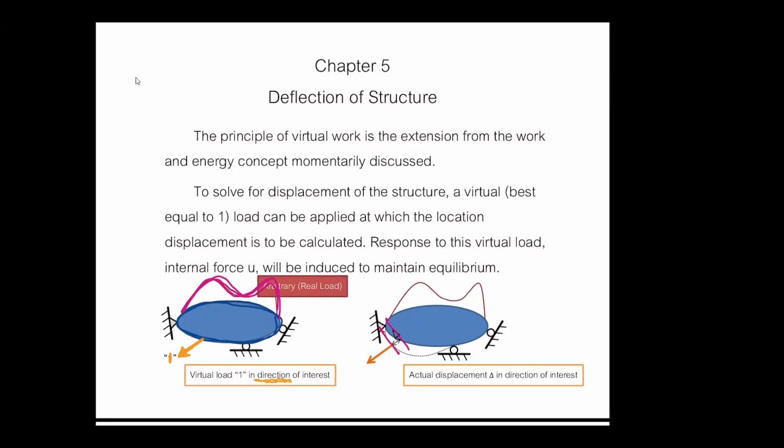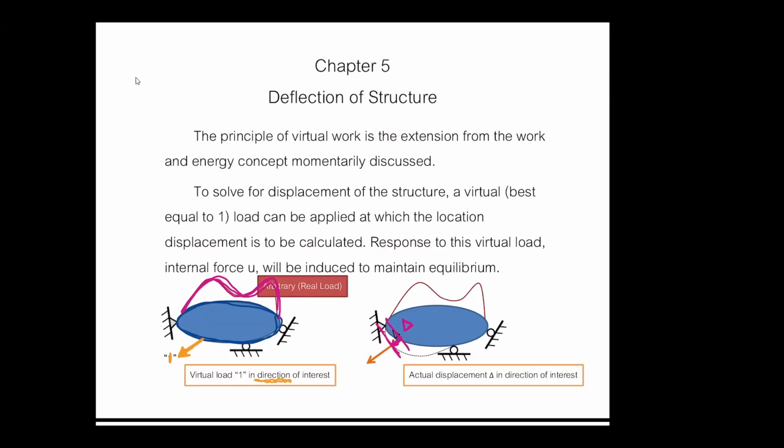Remember, I attached the load in the direction that I am interested in. So when the deformation occurs here, it occurs in the direction of the load. And let's say this deformation is equal to delta.